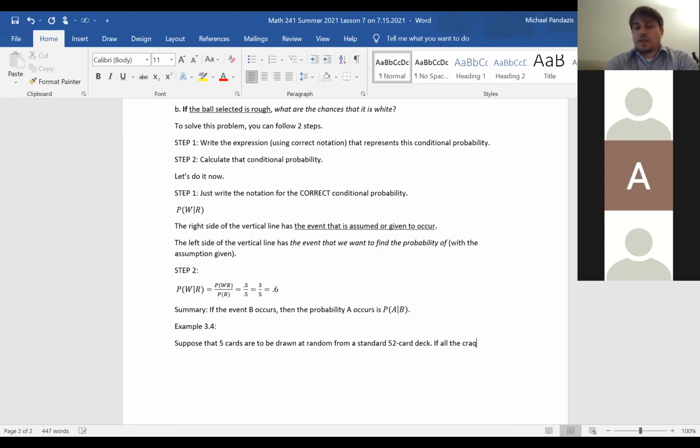If all the cards drawn are red, what is the probability that all of them are hearts? Okay, so suppose that 5 cards will be drawn at random from a standard 52 card deck. If all the cards drawn are red, what's the probability that all of them are hearts?